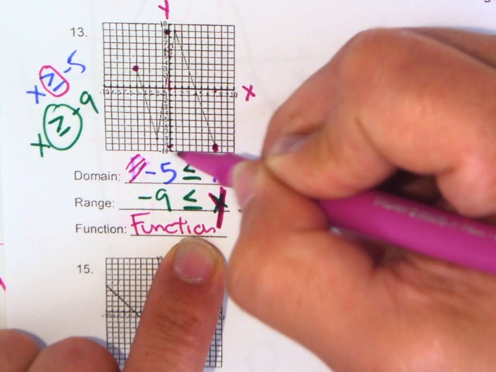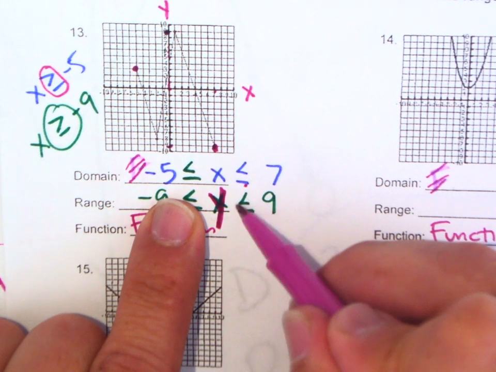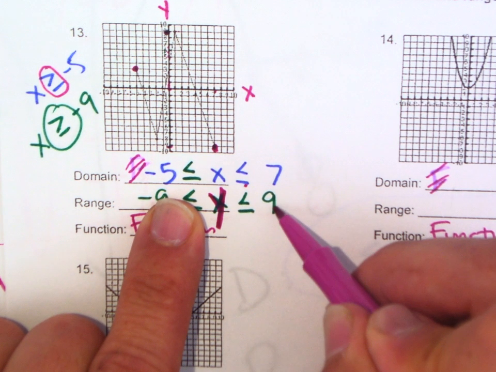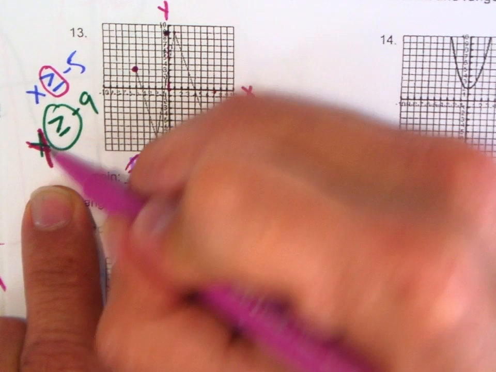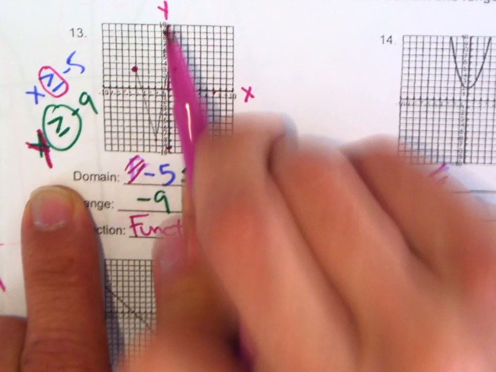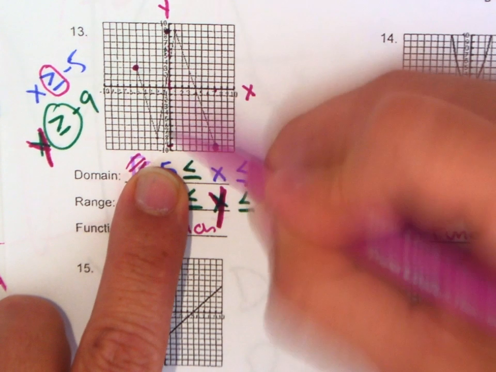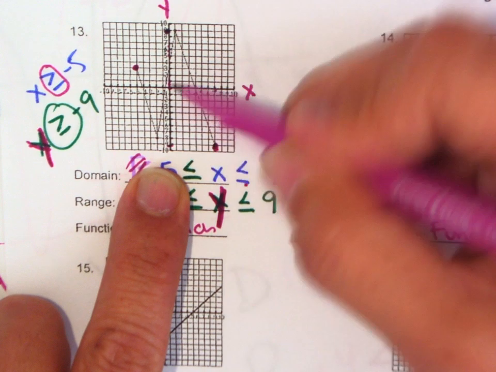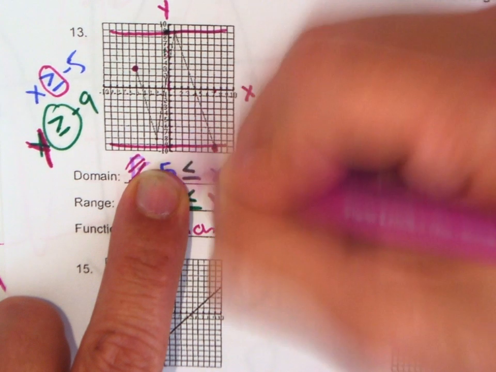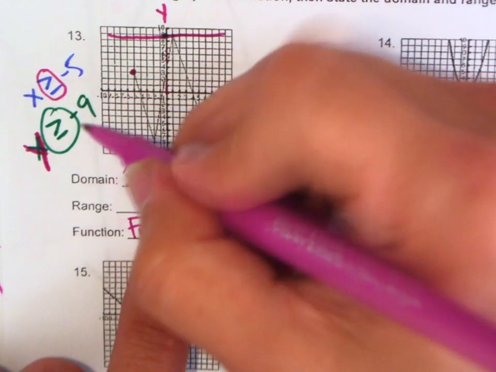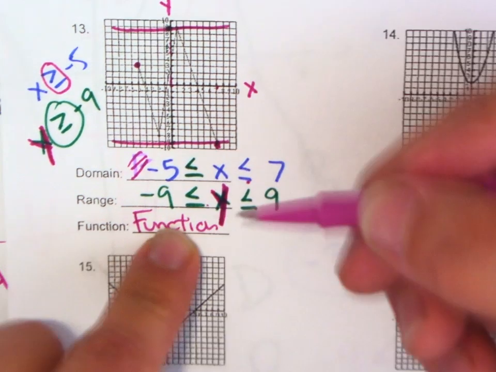So y is less than and equal to 9, and this should have been y is greater than. It's greater because they're going up. These numbers are bigger than -9. I want to use all these y's right here. Then I have to flip the inequality, and it's going to look like that. All right. So just be careful.